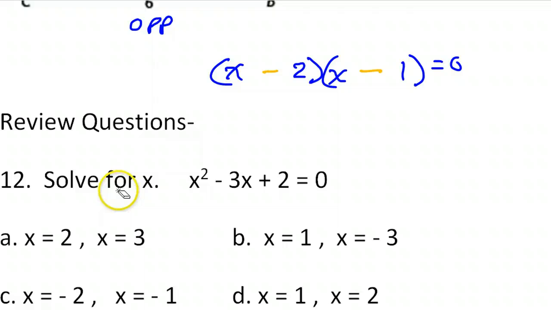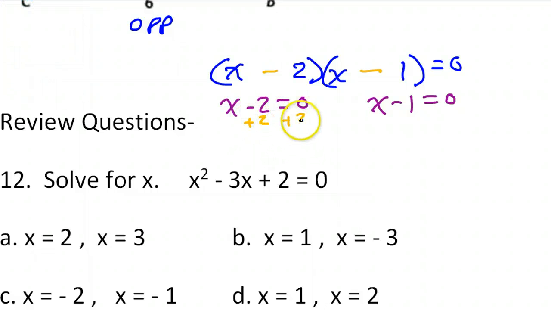Now we're solving though. You can look at the answers and see they're all x equals something. So the way we get that is by setting these factors equal to 0 and solving. So x minus 2 equals 0, x minus 1 equals 0. Here I add 2 to both sides, and here I add 1 to both sides.